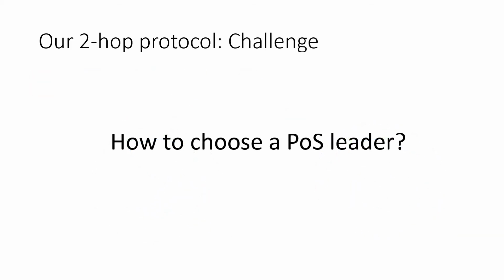We can follow Nakamoto's approach to select the proof of work leader, but then the next question we need to answer here is how to choose a proof of stake leader based on stake. Answering this question is not easy, since we need to make sure that the adversary cannot predict the future leaders.